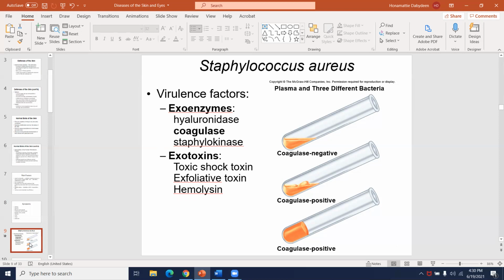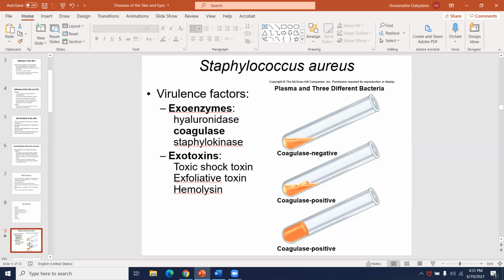But not just that, they can also withstand extremes in pH and temperature and even drying. So they can live on the surface of the skin where you don't have a lot of moisture. So some of the weapons that they produce are listed there.